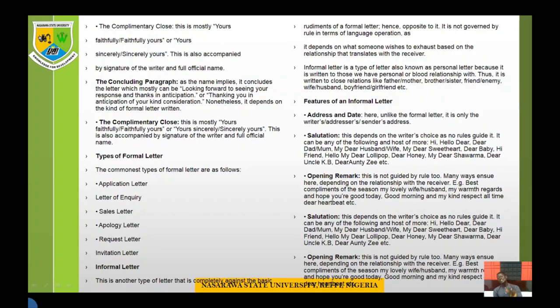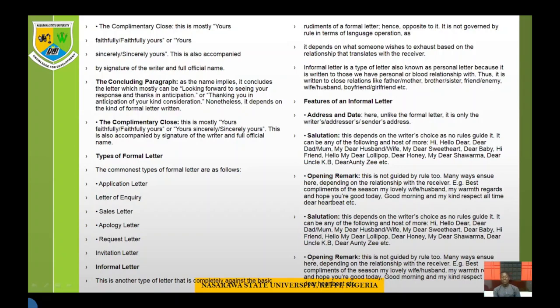But in any case, if you mention the name of your recipient, as we have explained in the exceptional case, then it is not going to be yours faithfully, but yours sincerely. This is also accompanied by the signature of the writer and full official name. Signature comes first before the official name.